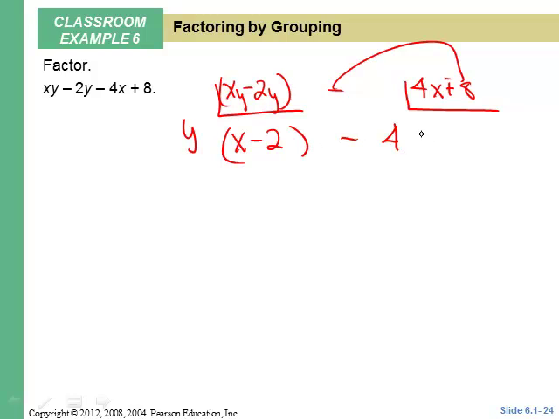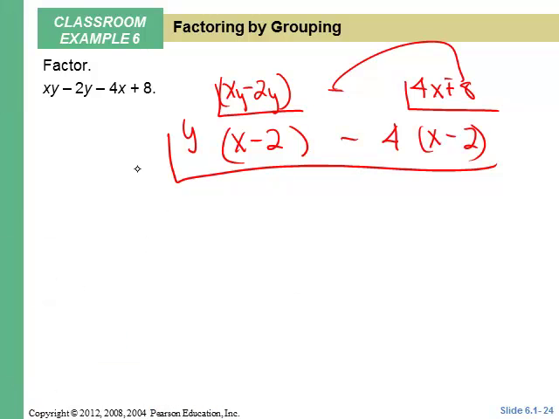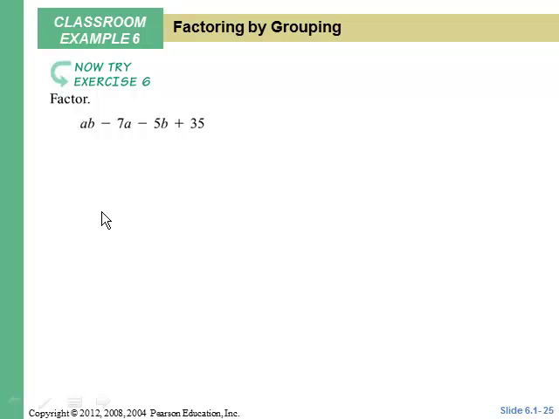And we factor negative 4 out of the second two, and we're left with x minus 2. So now when we do our division, we can divide by x minus 2, and we're left with y minus 4. So our factored form is (x minus 2)(y minus 4).